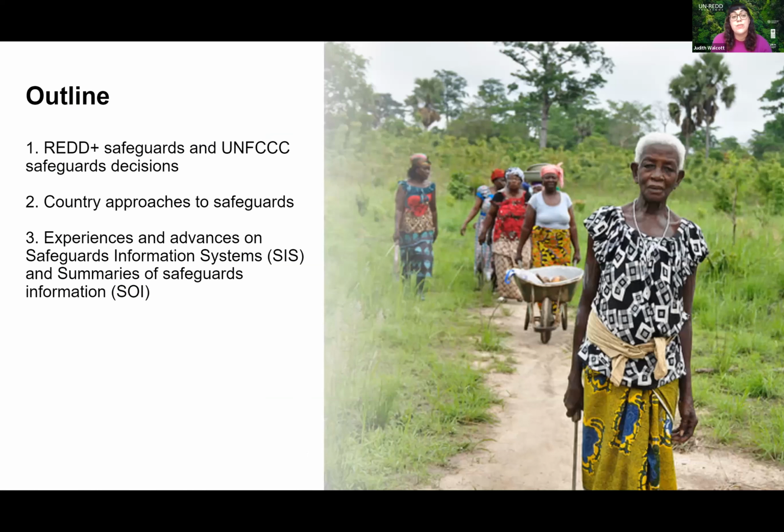So I'll be starting by reviewing REDD+ safeguards and safeguards decisions under the UNFCCC, then country approaches to safeguards, again highlighting opportunities to integrate approaches or to respond to multiple safeguards requirements through unified or harmonized processes and approaches, and then talking about different experiences and advances on safeguard information systems and summaries of safeguards information.